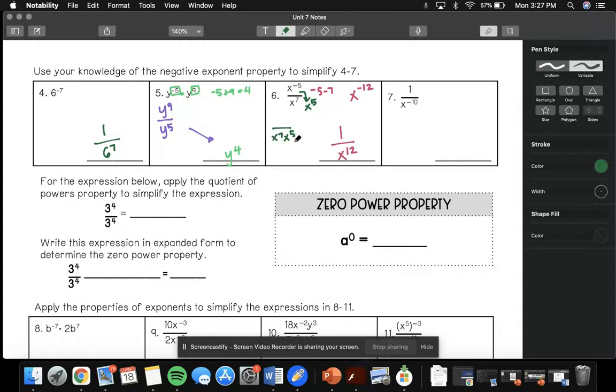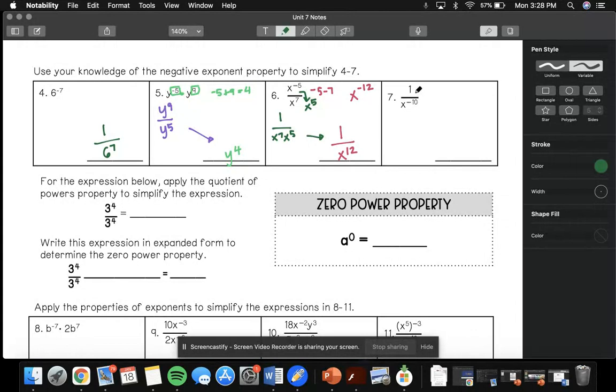Now they're both in the denominator, and this is just multiplying, so I can add those exponents together, which is what we have as our answer: x to the 12th in the denominator. Again, there's nothing technically in the numerator, so we can put a 1 right there. Again, this way works if you like to make everything positive first and see what you have, then decide whether you need to add or subtract. All right, the final one right here is 1 over x to the negative 10th.